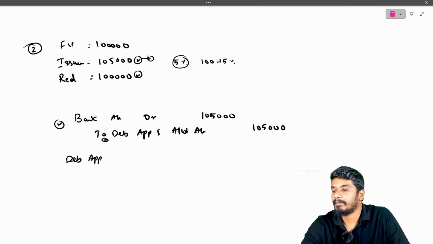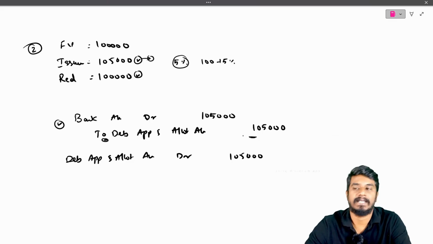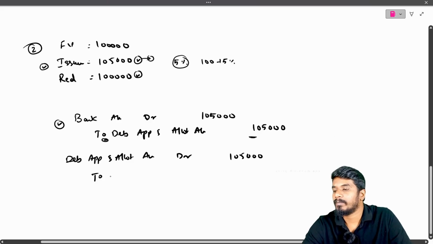Debenture application and allotment account will get debited for 1,05,000, whatever the amount is there. Now they have issued at premium, obviously, yes. Now it is 9% debenture account. How much do we need to transfer to the debenture account?